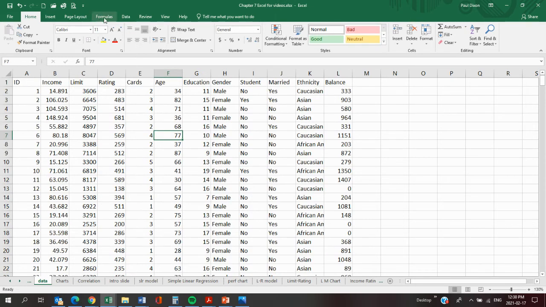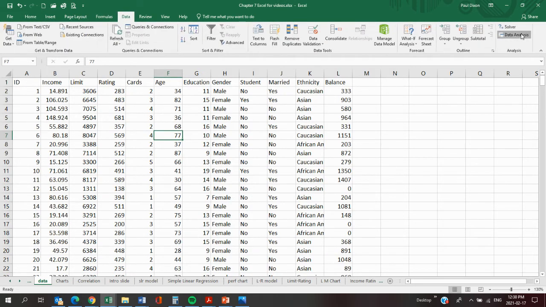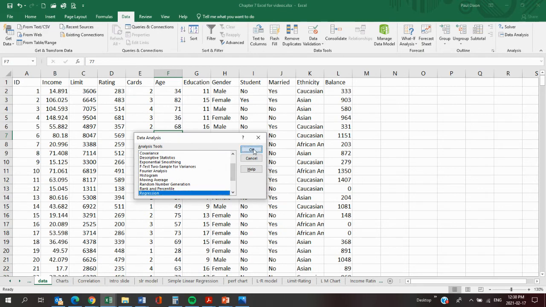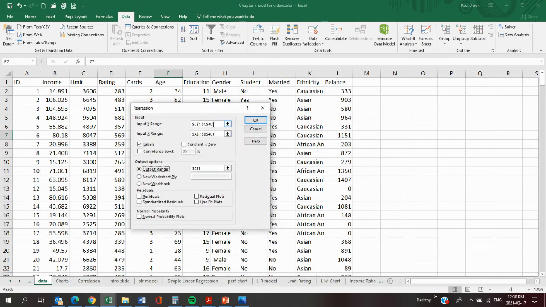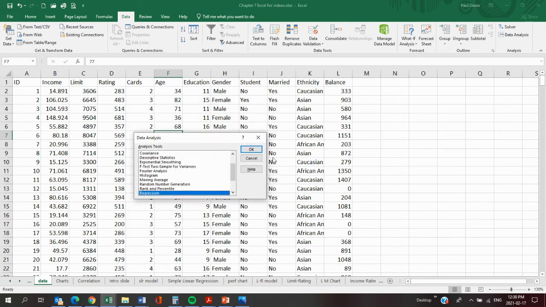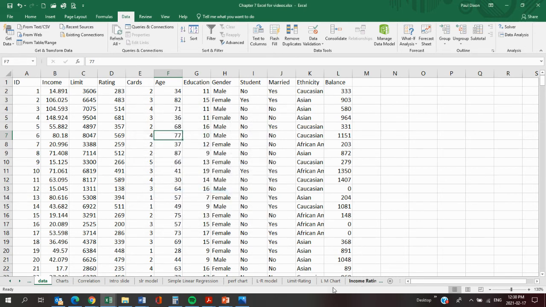When I did this, I went to data analysis, did regression, and I picked a bunch of variables. They were in column C and so on. Down below, there are a variety of things I can ask for. Ask for residuals and residual plots. We can skip the other things, but there are a couple of checkboxes here. And if you do that, you will get the picture that I just had a minute ago.